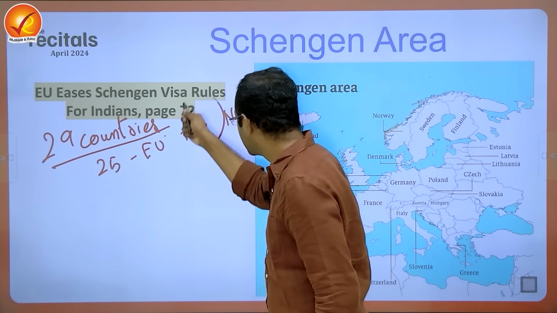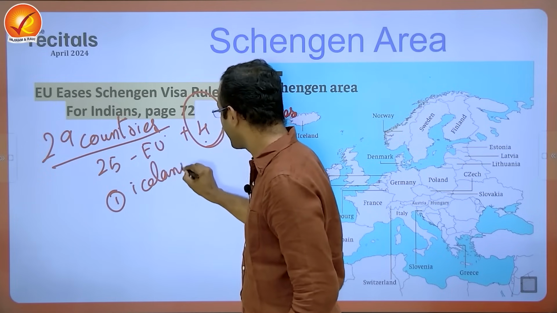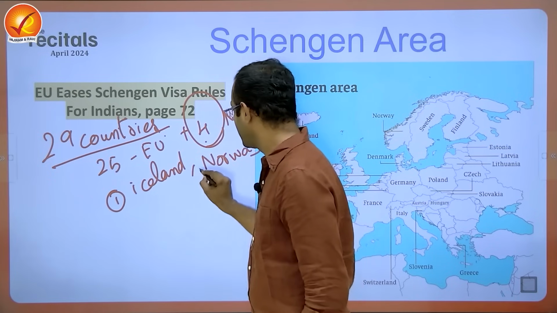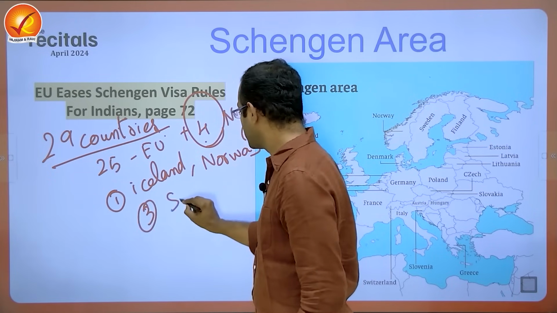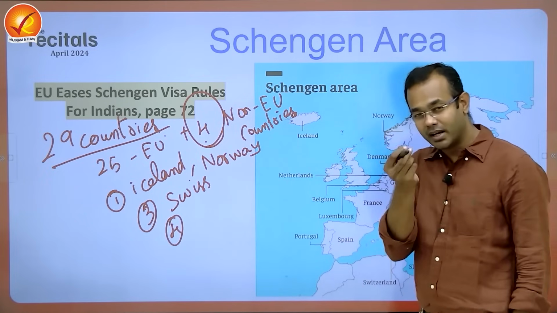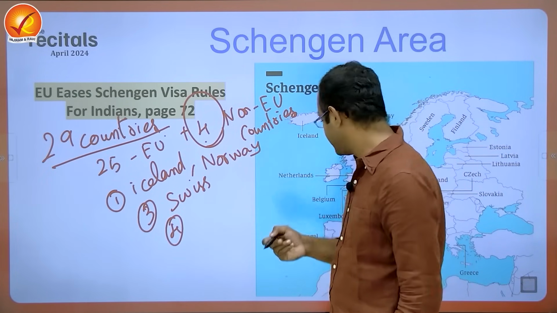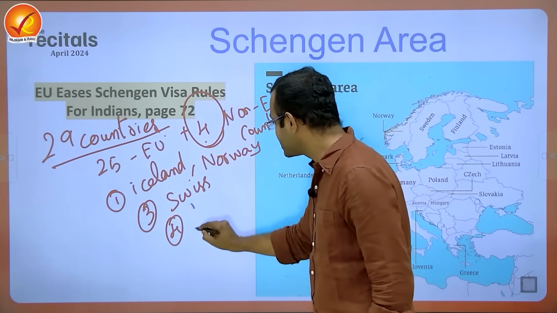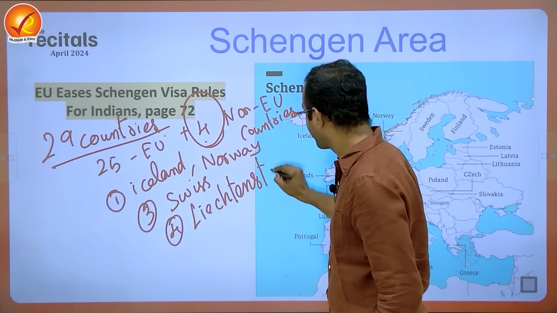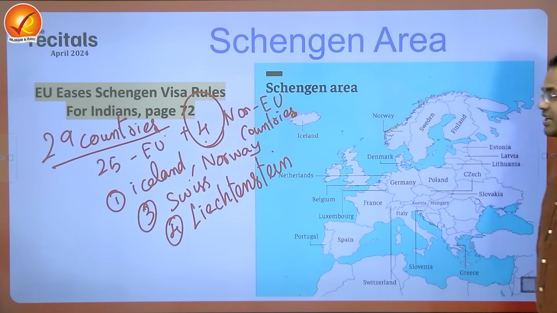These 4 countries include number 1, Iceland, number 2, Norway, number 3, Switzerland, number 4, which is a very small country present in the part adjoining the regions of Switzerland, which is Liechtenstein.